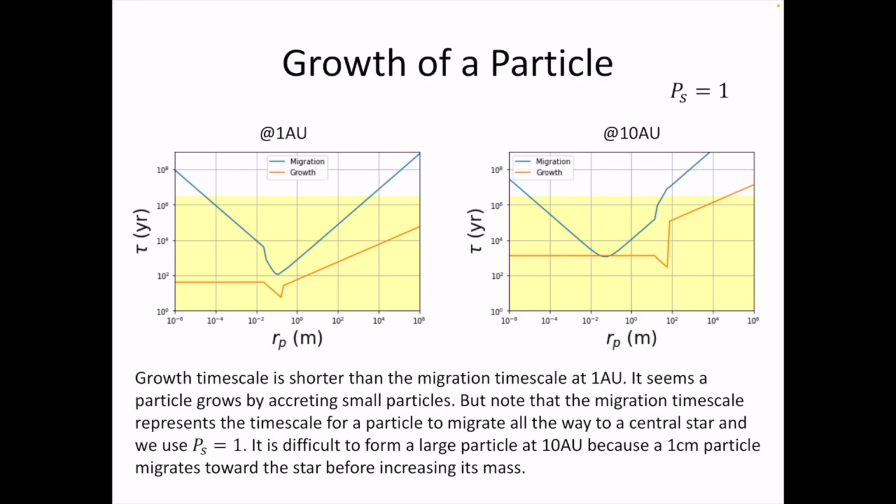And also we use the ideal assumption of the sticking probability p sub s equal to 1. In that situation, growth timescale becomes shorter than the migration timescale. The particle might be prevented from falling to the central star.